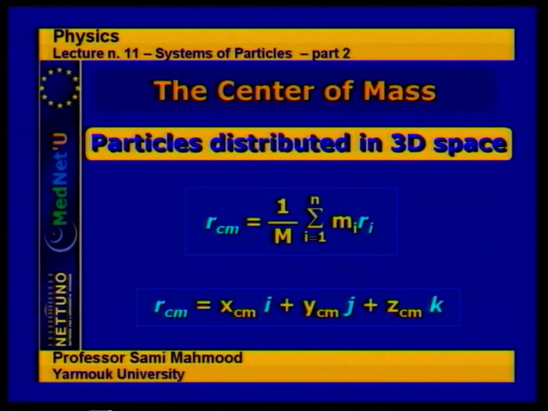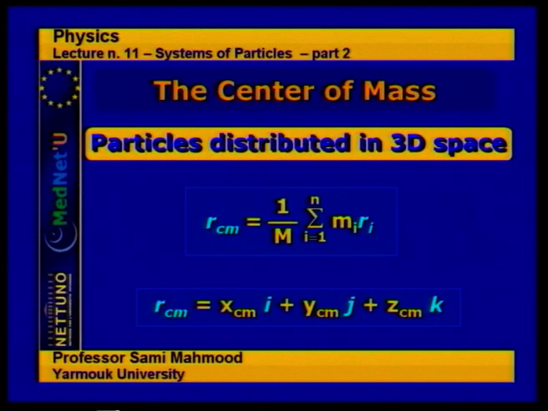That is using Newton's second law applied to the motion of the individual particles. So what do we have? Accordingly, we will have M a center of mass on the left equal to the summation of the forces F1 plus F2 plus F3, which act on particles number 1, 2, 3, and so on.